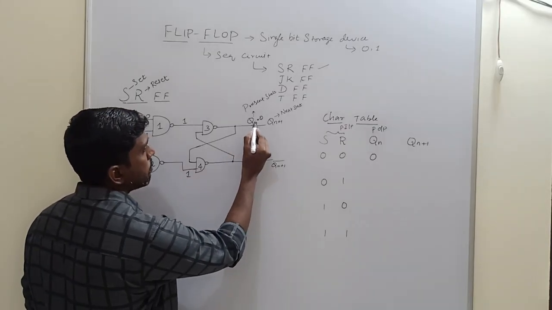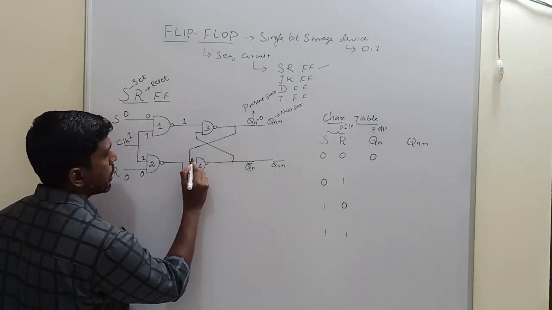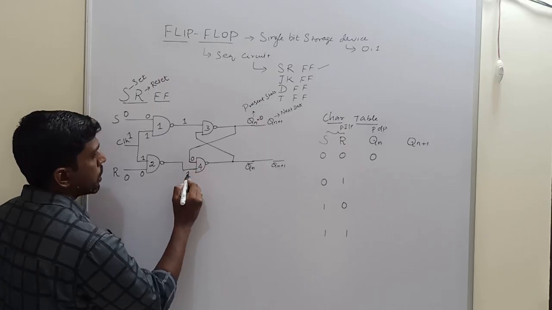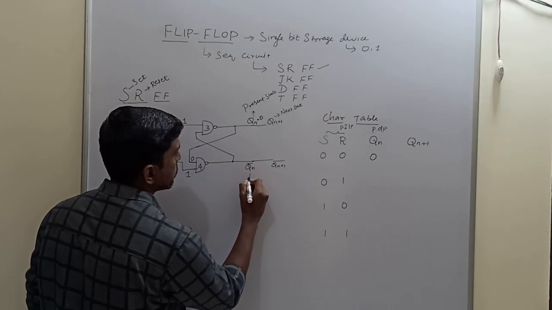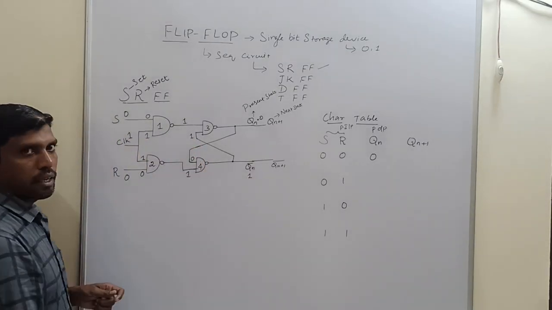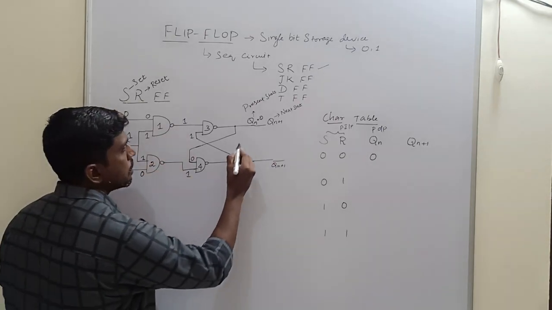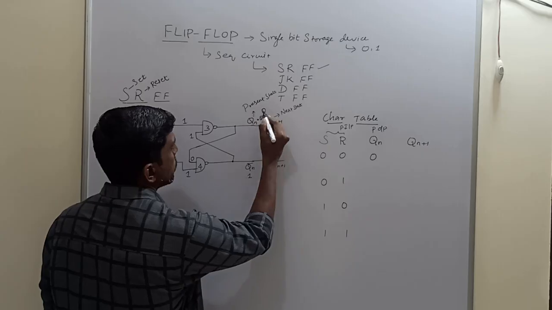Then this Qn value is fed back to the input of the fourth NAND gate. Now this value is 0. So 1 0, Qn bar value is 1. This 1 is fed back to the third NAND gate, so 1 1. Now the Qn present state value is 0.